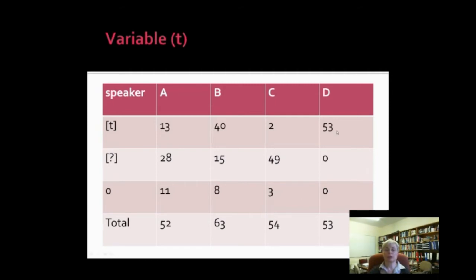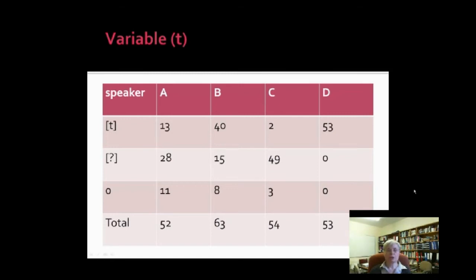And this speaker has used T 53 times and hasn't used the glottal stop or the absent sound at all. And that gives you a range of figures, 52, 63, 54 and so on.